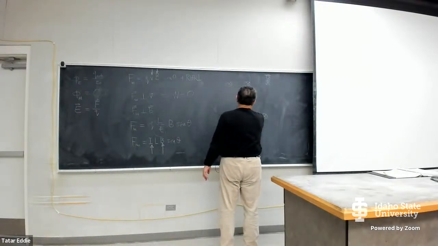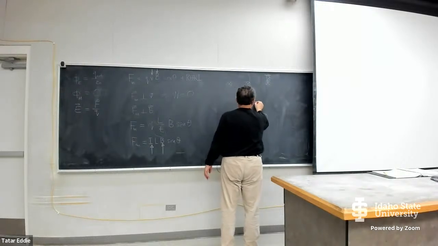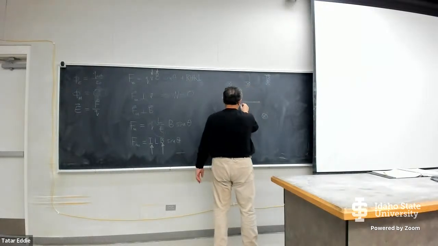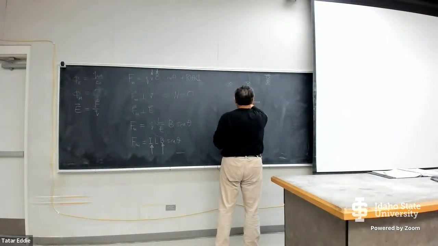Maybe here is one end, a piece of metal with current, with length L here maybe. And you have to close the circuit like this. So this is maybe getting in.